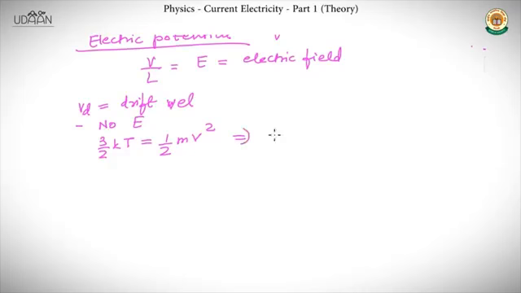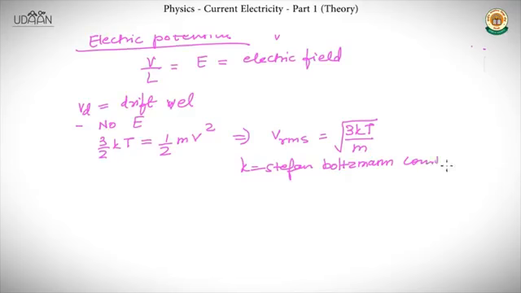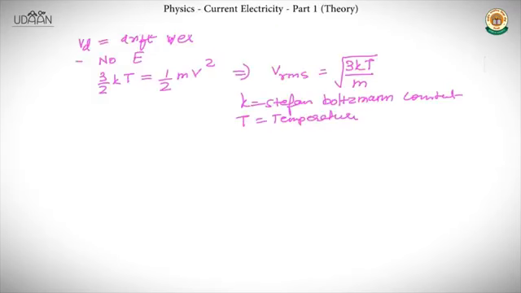So from this equation I can write that Vrms, or root mean square velocity, is equal to root of 3kT by m, where k is the Boltzmann constant and T is the temperature. Right, and m is the mass. Now, this is when no electric field is present.